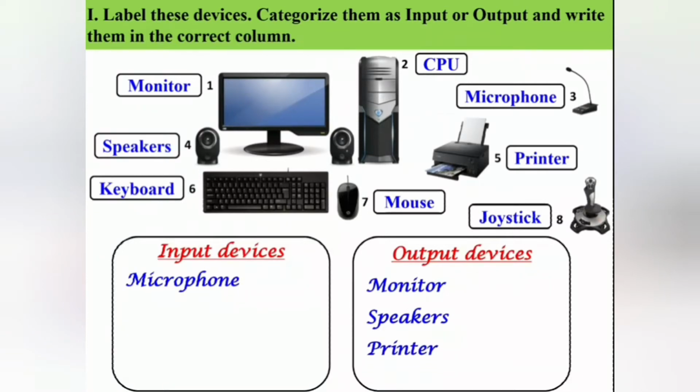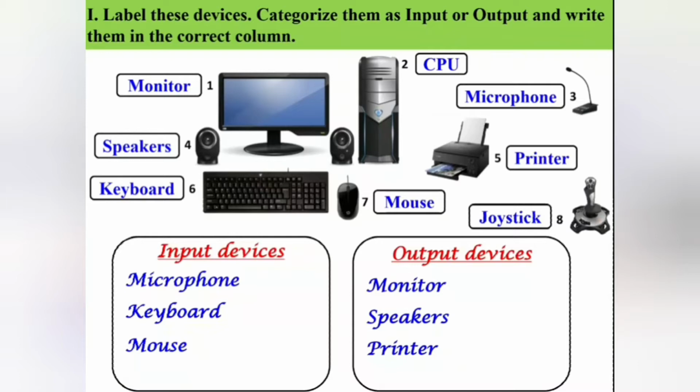What is our sixth device? Keyboard is our sixth device. Keyboard is the input device, so it comes under the category of input devices. Seventh one, mouse. Mouse is also an input device, so it also comes under the category of input devices.